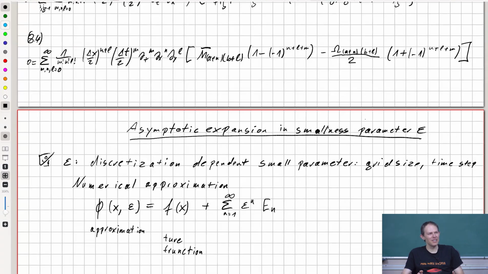So you replace it by a different function that you can solve, and the true function is the f, and the approximation is this phi. And so since you cannot solve the thing, you always have this error term. Yeah? So you have this series of error terms.